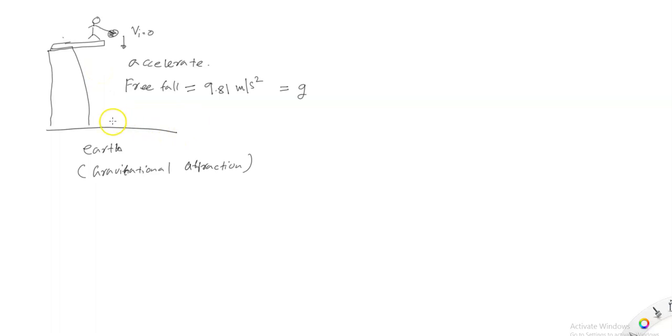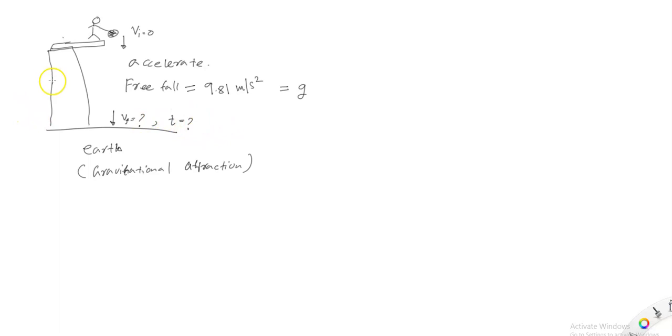We can try to calculate things like what's the speed just before hitting the ground, v final, what is that? There's no point asking what's the speed after hitting the ground, because it hits the ground and comes to a stop, so it's always 0. What we are interested in is just before hitting the ground, and then things like how much time it takes.